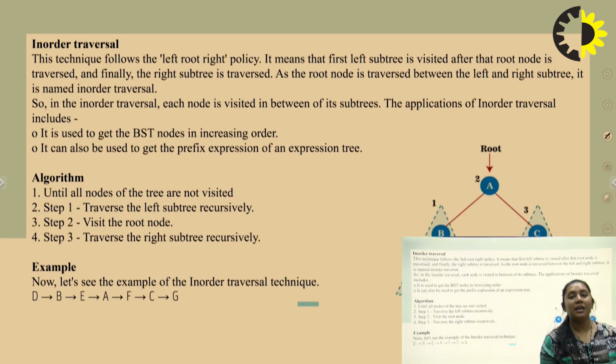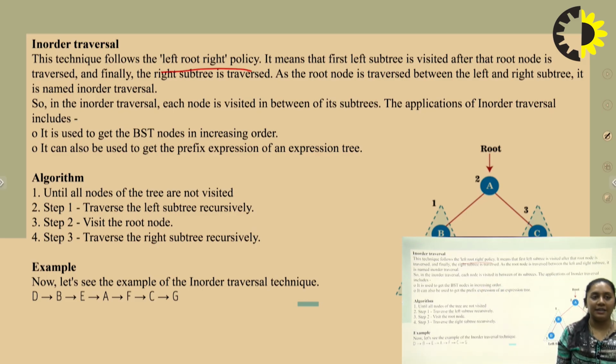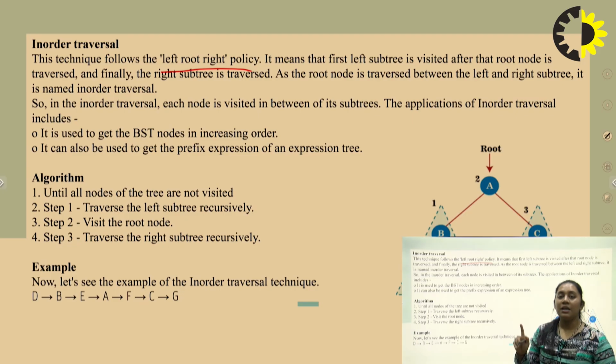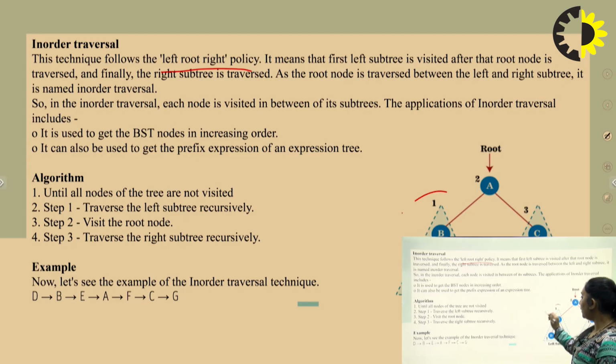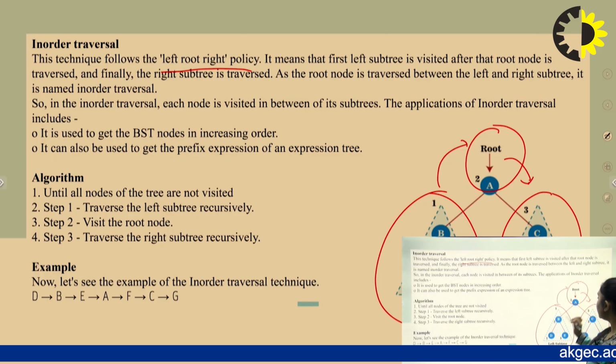Next, we have the in-order traversal. In-order traversal follows left, root, and right, which means first they visit the elements of the left subtree, then sequentially they visit the root element, and recursively they go on to traverse the right subtree.